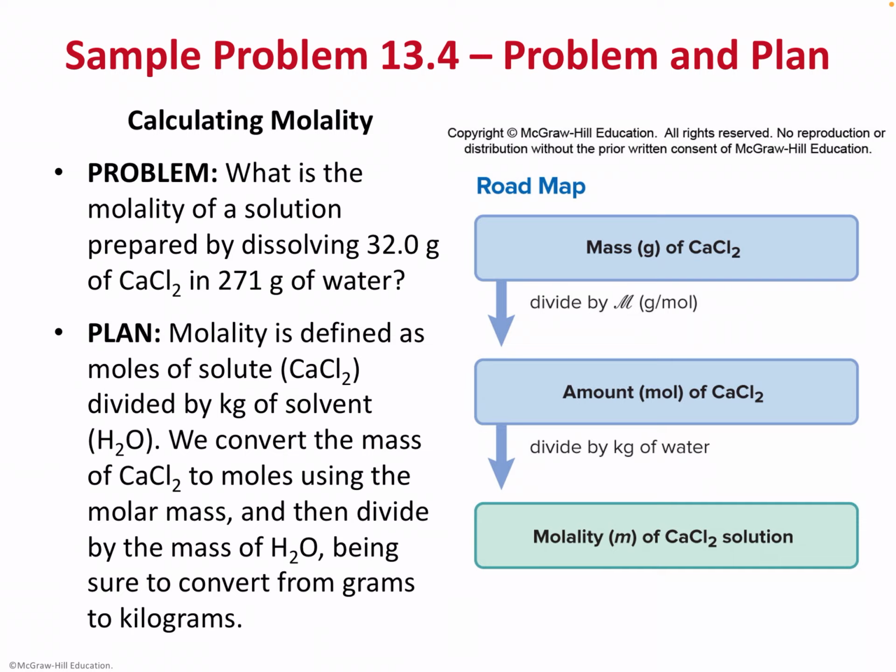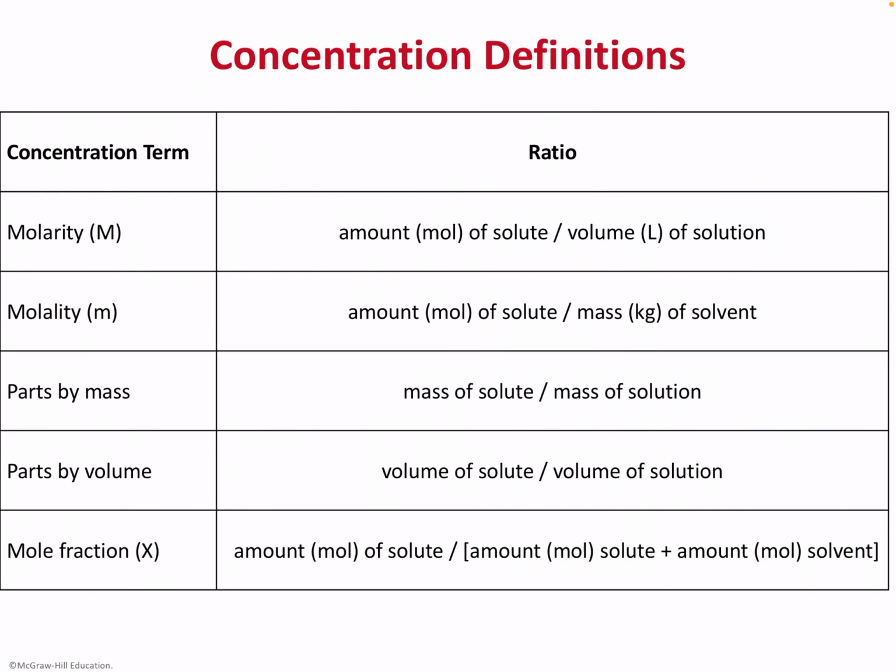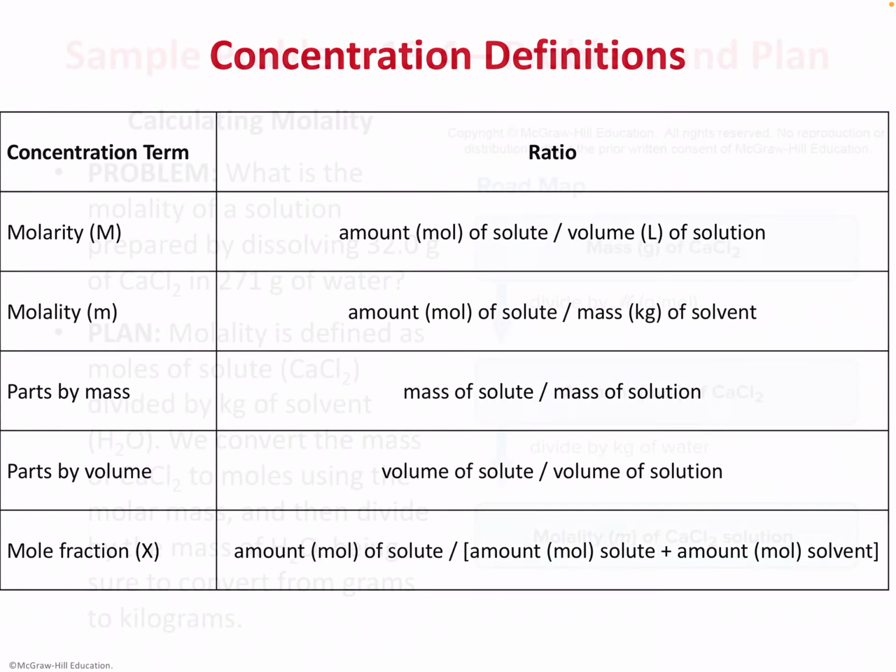Now this one is asking, what is the molality of a solution prepared by dissolving 32 grams of calcium chloride in 271 grams of water? Remember, the molality is the number of moles over the mass in kilograms.